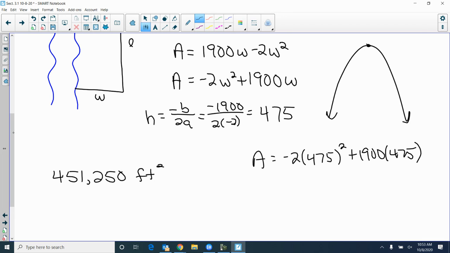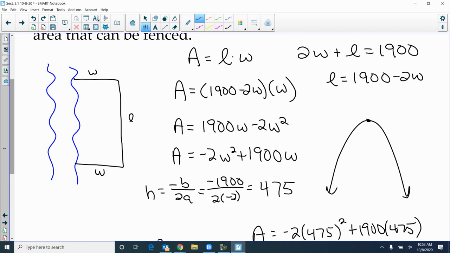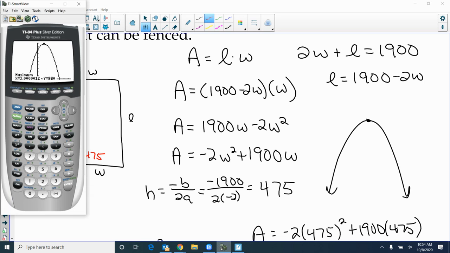Also, you can think of it this way. That right there, that's our W, right? That's our width. So your width is 475. The length is 1900 minus 2W. Well, what's 1900 minus 2 times 475? It's 950.